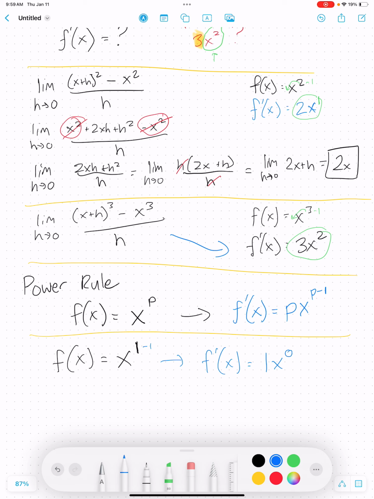Well, what's x to the 0? Anything to the 0 power is equal to 1. So this is just 1, because 1 times 1 is 1. So it turns out that if you have just x, then the derivative of x is 1. Okay? Very nice.